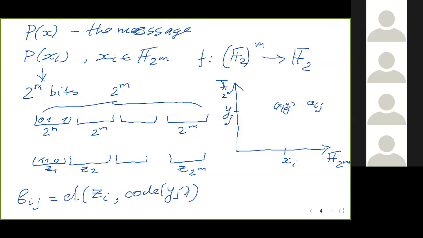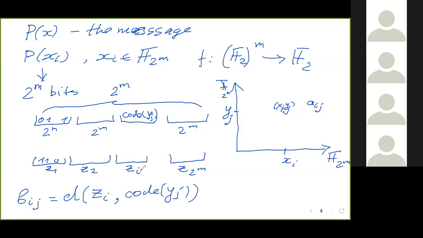So we do not know which code word actually was there in the beginning, because it's spoiled somehow. And so we compute the Hamming distance between what we receive and all possible code words which could be here. Imagine that here is the i, and here we had a now unknown code word, code of Yj.